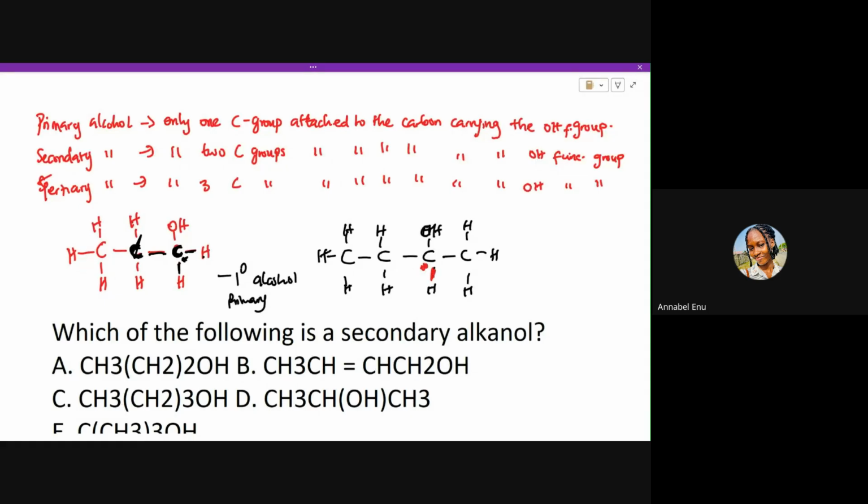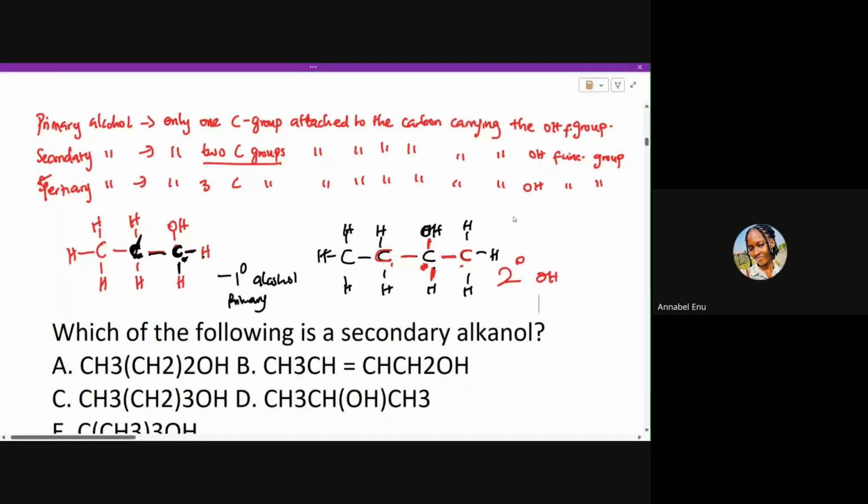To the bottom is hydrogen. To the top is the OH group, which is important. To the right is a carbon group. To the left is another carbon group. So it has two carbon groups attached to it. Two carbon groups. That will give us a secondary alcohol.